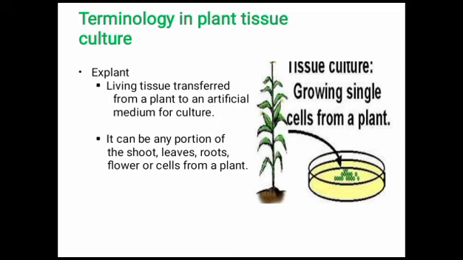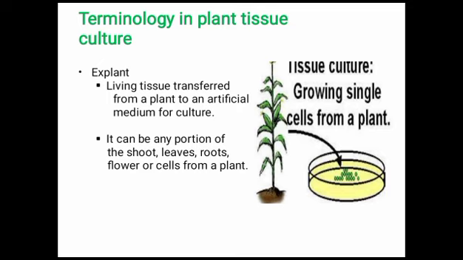An explant is living tissue transferred from a plant to an artificial medium for culture. So this is a living tissue. An explant is a very small part, or any organ, or any tissue of that specific plant part, and this living tissue is transferred into the artificial medium for the next culture. It can be any portion of the shoot, leaves, roots, flowers, or cells from a plant.